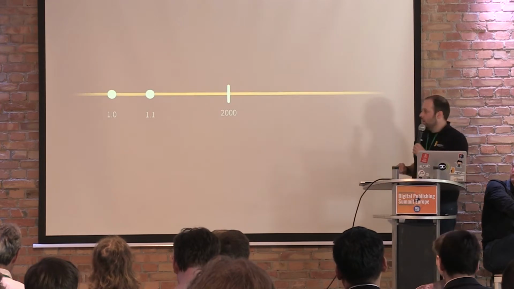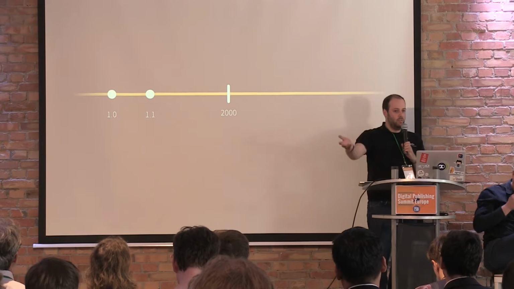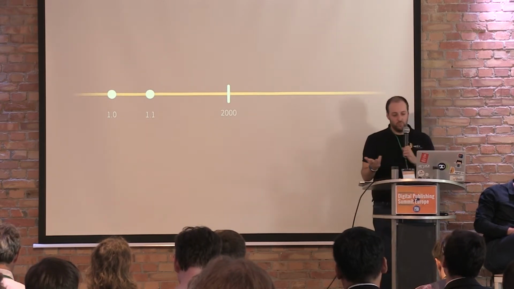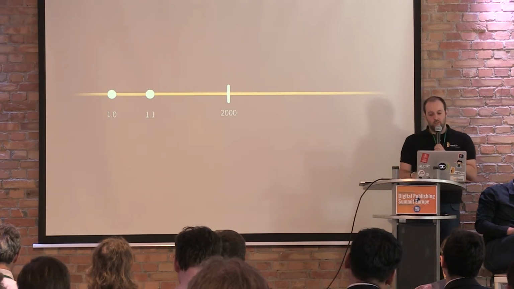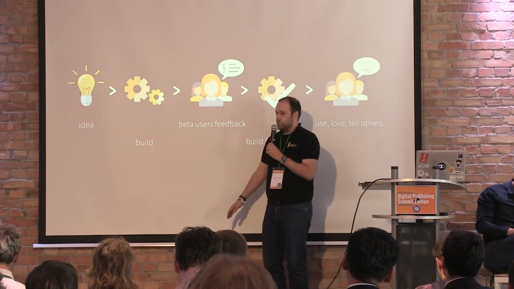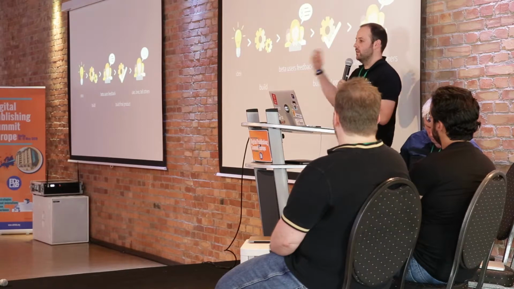Okay. We tweaked that model a bit. In the late 90s, we shipped beta software to beta users and asked them to check if the digital product is right. That means the 1.1 digital product building process was something like: we create the idea, we build nearly the whole product, ship it to beta users.